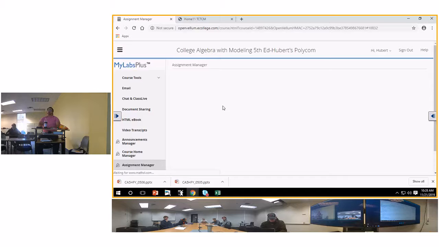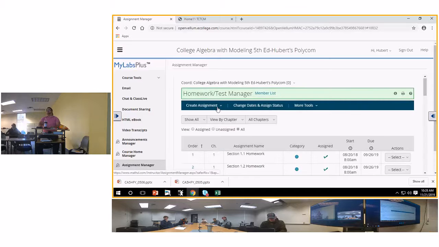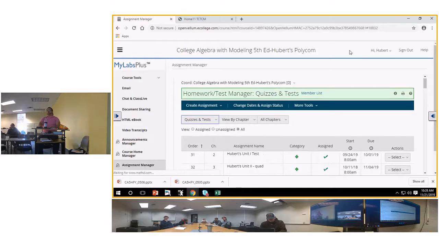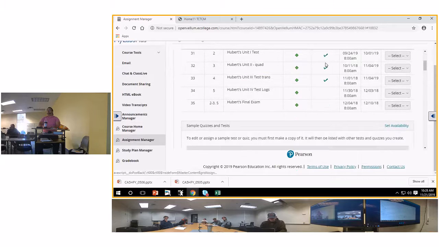So in the assignment manager, let me see if I've got our test already in here. I doubt I do. Yeah, there's one right there. I'm going to wait. I want to look at it this weekend, because I want to make sure I've got good questions in there. So the test is going to be after the weekend.